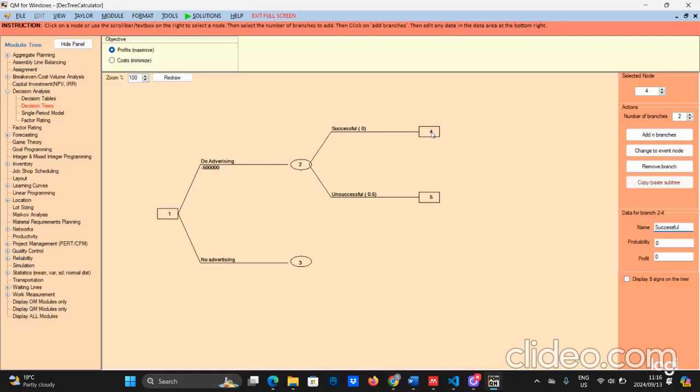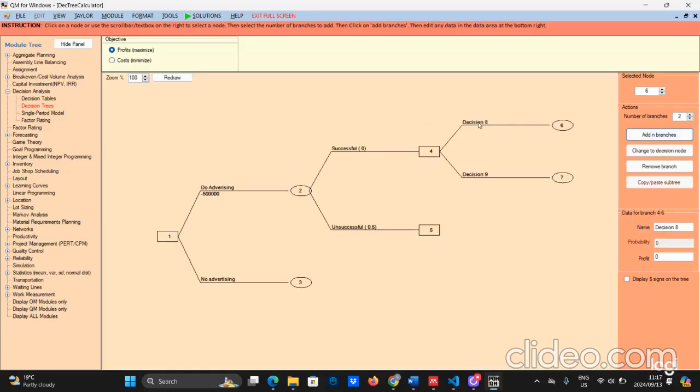Which means if the marketing campaign is successful, they'll have to make a decision now on whether to introduce or not introduce the new drink. So let's say they had a successful marketing campaign. They'll have to decide on whether to introduce the new Diet Coke.